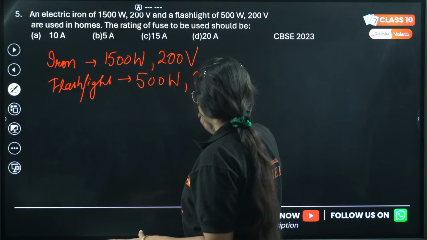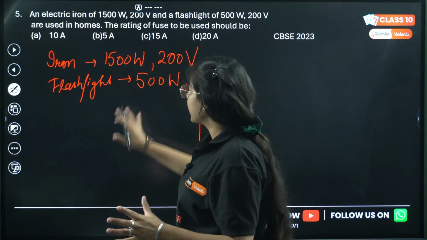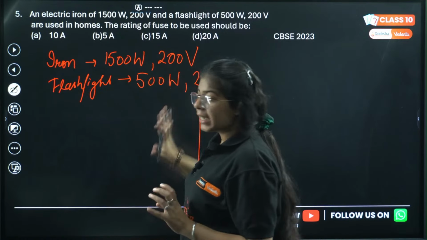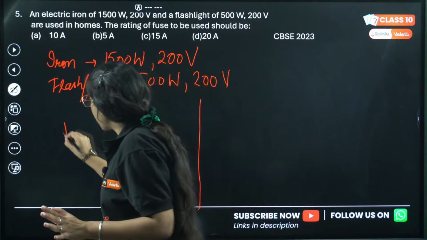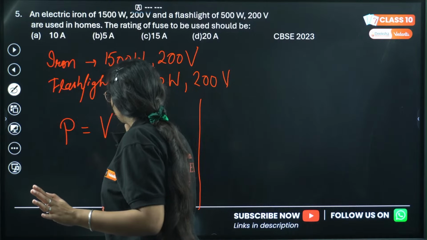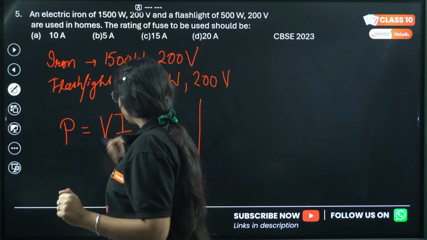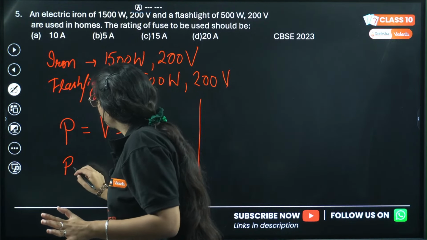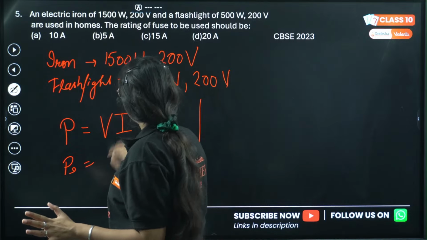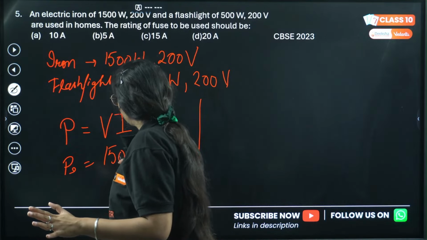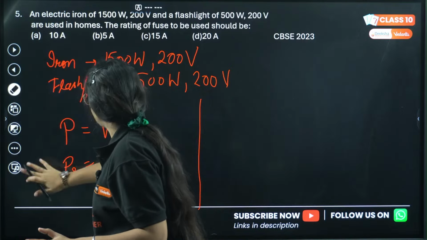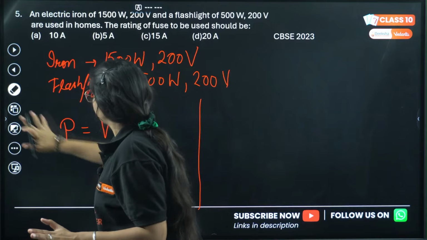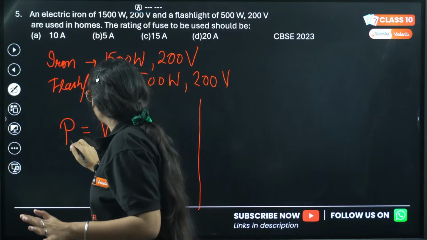You can do this in two methods. Either you can add the power and divide it with voltage. Let's say the formula of power is V into I. So either you can do for iron, which will be 1500. 1500 is power. This is iron.